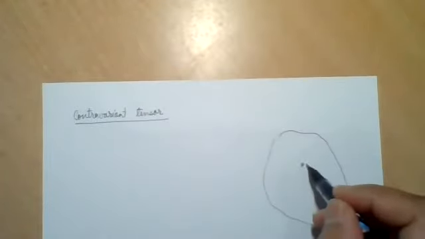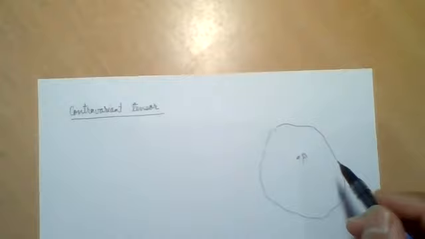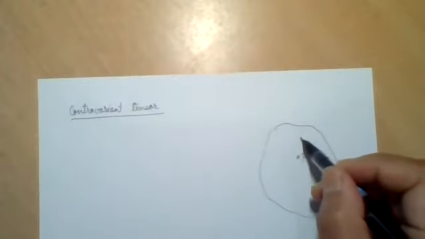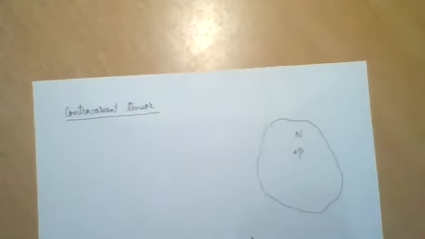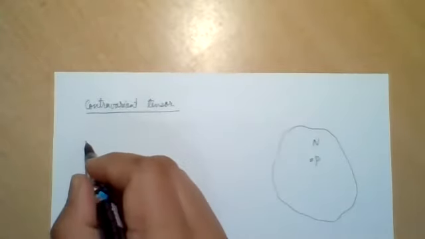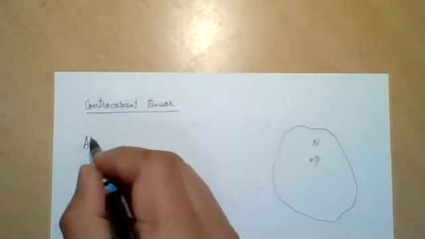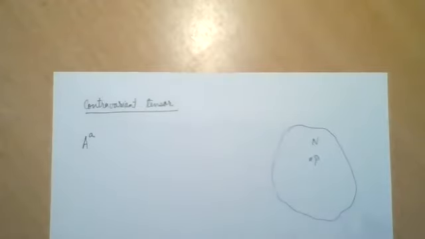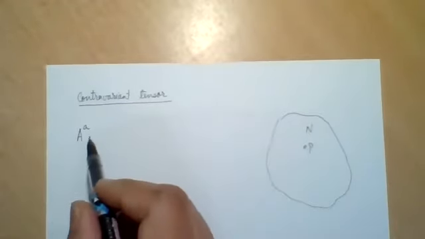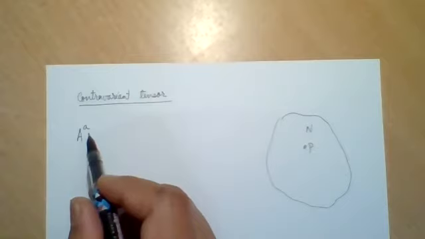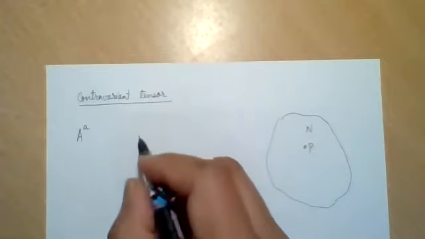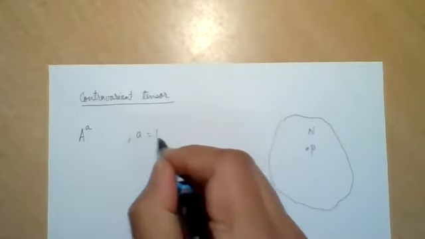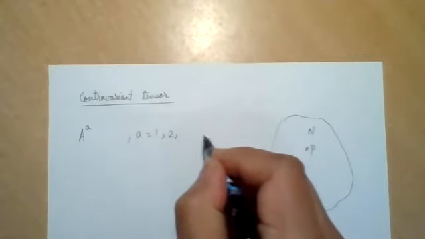These n components are represented by capital A superscript small a. Small a can take values from 1, 2, 3, 4, and so on till n.